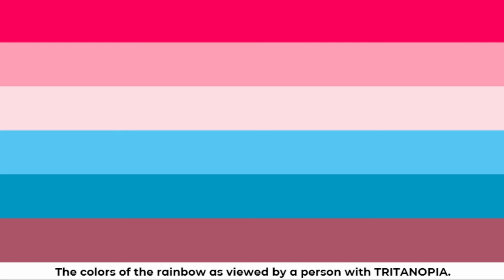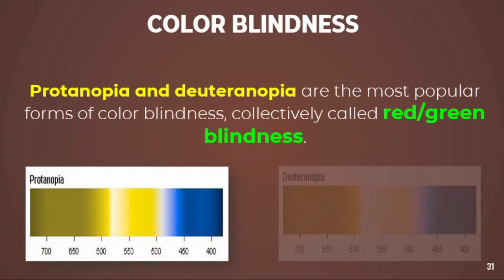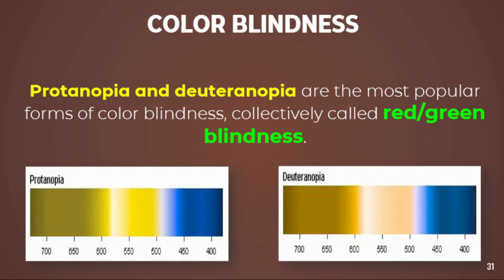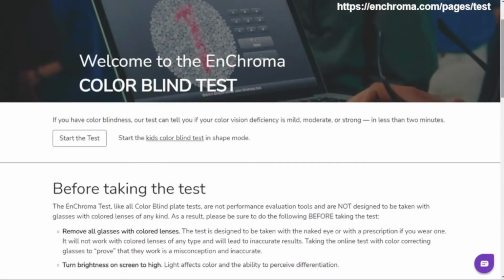So that is tritanopia. So color blindness, as I've said earlier, protanopia and deuteranopia are the most popular forms of color blindness. They call this the red-green blindness. All right, so that's color blindness in a nutshell.